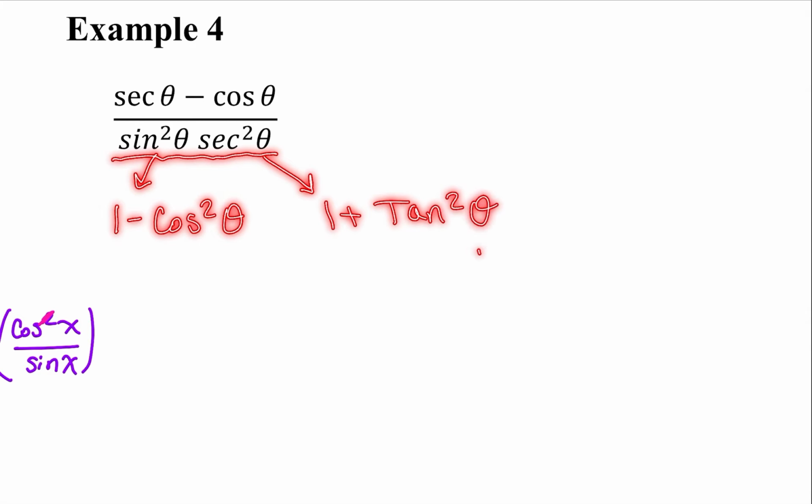What I definitely see that I could mess with is this top part. Secant minus cosine. Considering that secant is the reciprocal of cosine, there are some definite changes I can do to this top part right here. So 1 over cosine is secant minus cosine. In fact, we just did this in example 3. We know we could rewrite this as cosine over 1 and then multiply cosine to the top and the bottom.